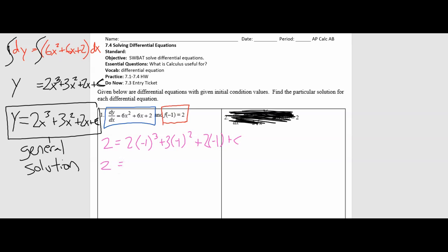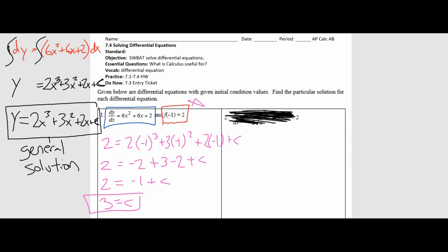So I get 2 is equal to -2 plus 3 minus 2 plus c. If I simplify the right-hand side, that gives me -1 plus c. And then I get 3 is equal to c.